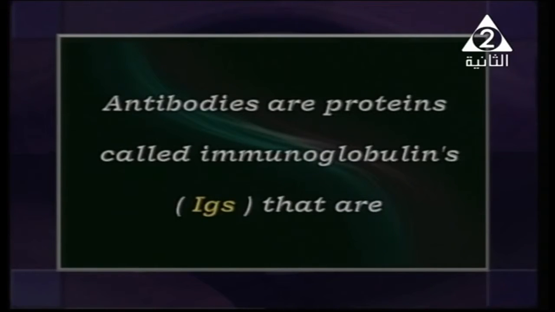Antibodies are proteins, as we said. They are called immunoglobulins or Igs. We need to know the shape, location, formation, and structure. Number 1, the shape of the antibodies.